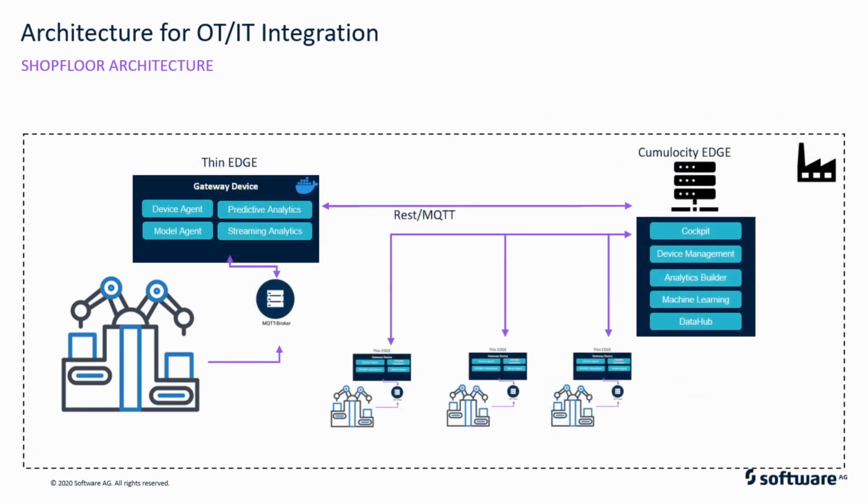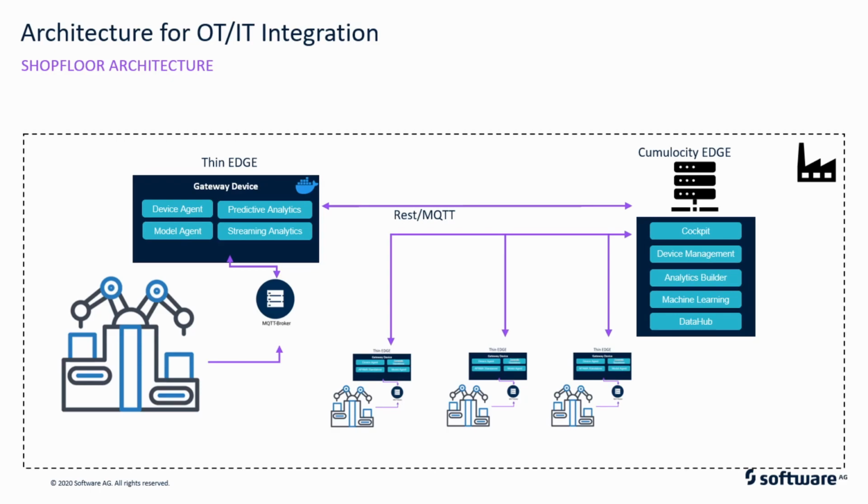The overall idea of a shop floor architecture based on a thin edge, which has a conglomerate of different components orchestrated by a Docker-based solution. This includes analytics services like streaming analytics to do calculations in real time and to do scorings using machine learning models with our predictive analytics service.